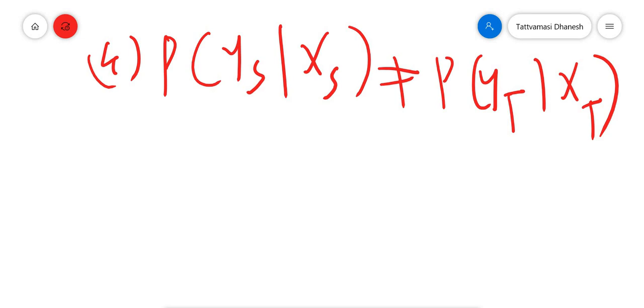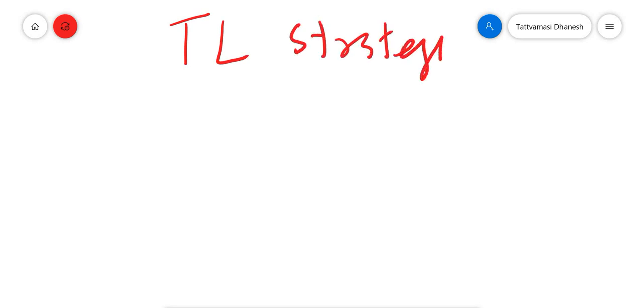Now I am getting into the transfer learning strategies. So next is the last part, the different transfer learning strategies you can use. There are three types of transfer learning strategies we usually use.